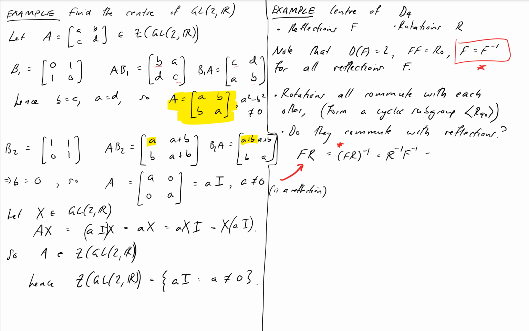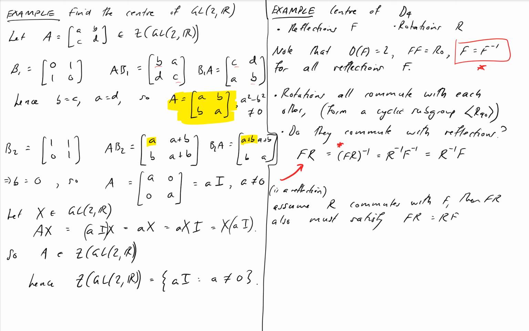And we know that F is its own inverse, and so that's going to be equal to R inverse times F. Okay, if we assume that R commutes with F, then R must also satisfy R equals RF.